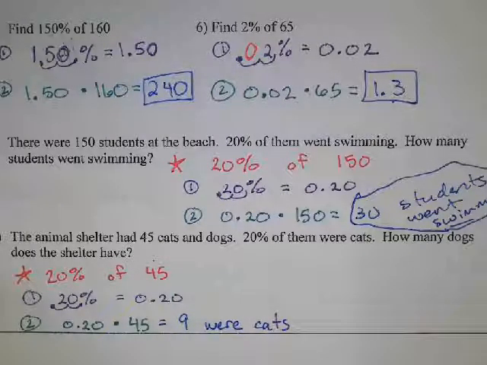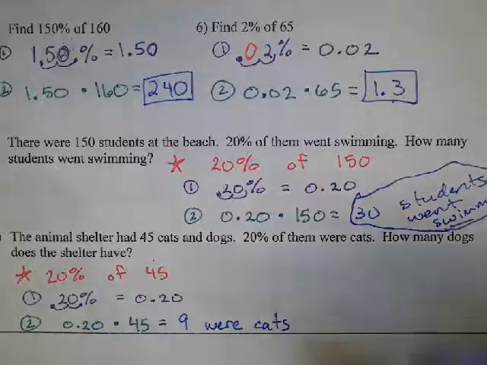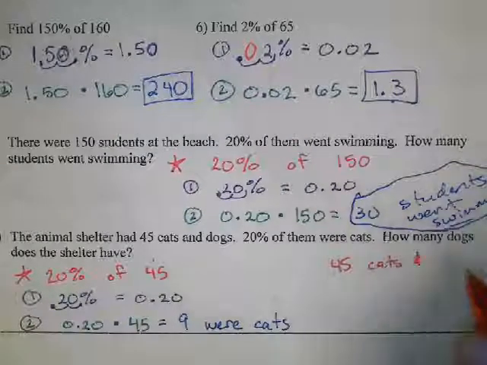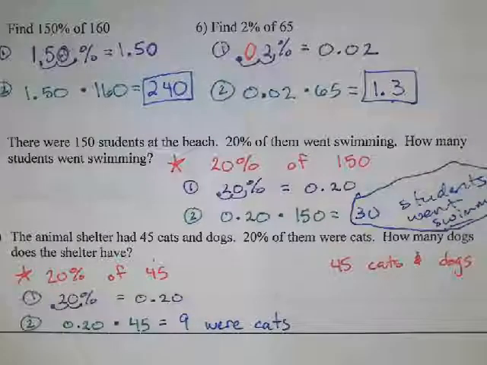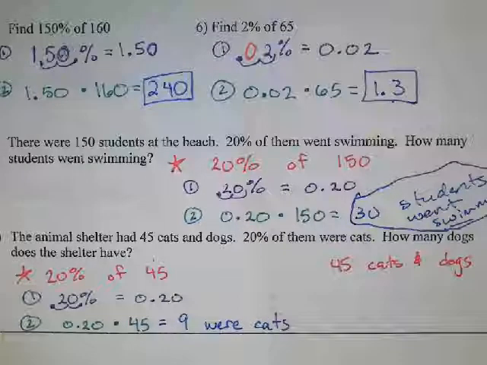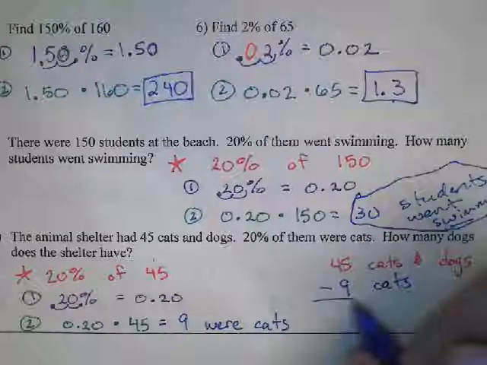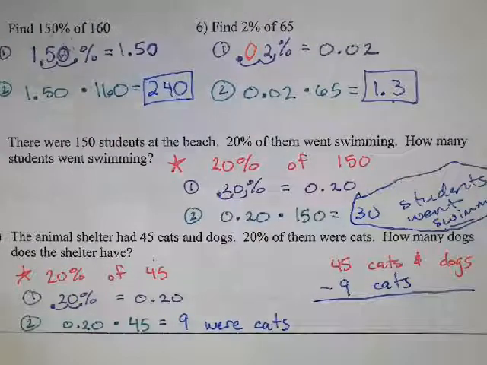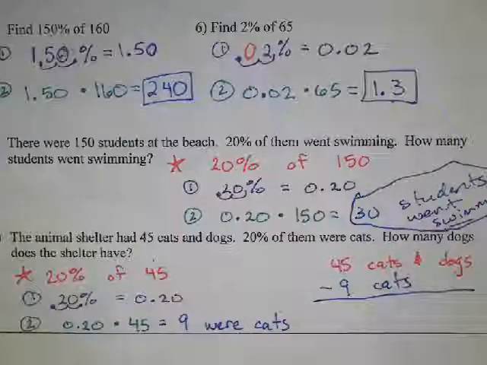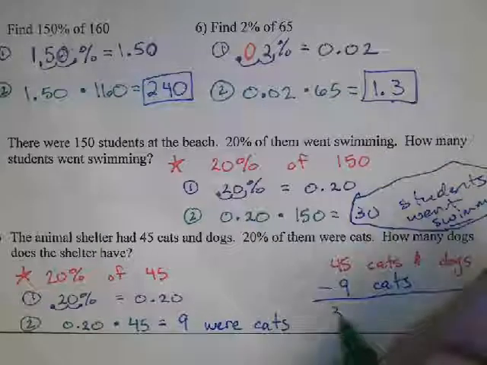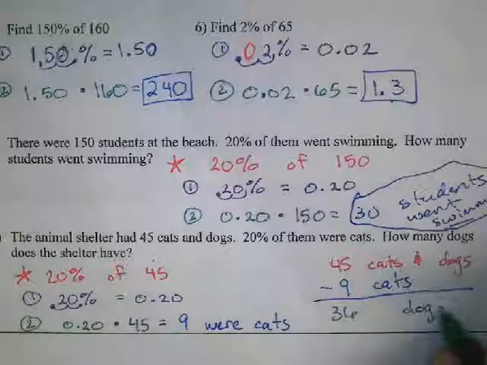So if we take 45 cats and dogs, and we subtract from that our 9 cats, we'll be left with how many dogs there were. So when we do that subtraction, we get that there were 36 dogs.